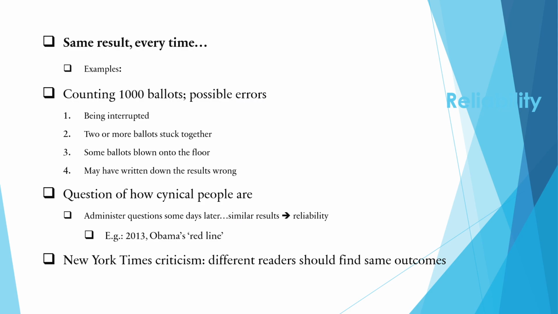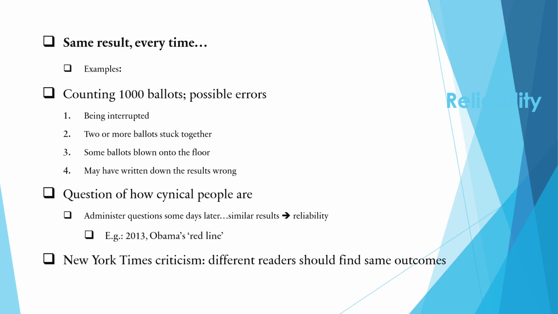Some ballots may be blown onto the floor. Maybe if you're transferring, if you found 900 ballots, you might find that you wrote down 995. I think we saw this a lot in the 2020 election. Another election is coming up, so we're probably going to see some more drama.